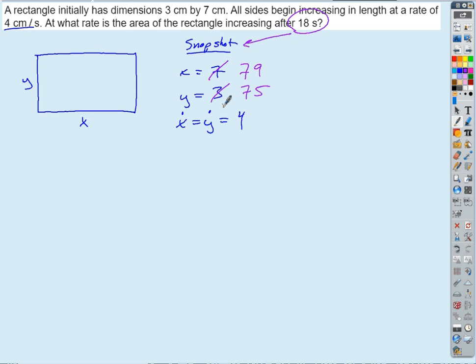And so we're trying to find A dot, right? So then what's our parent equation going to be? A equals XY, there you go. And if I differentiate implicitly, what am I going to get?